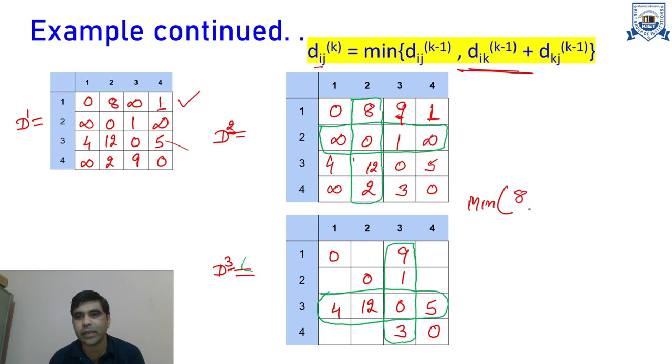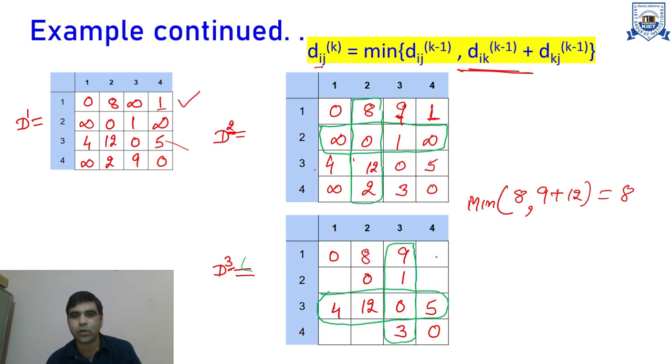So we'll have 8 here, comma, and then the indirect path between 1 to 2 using vertex 3. So you have to go from 1 to 3 first, which is 9. We have to go to 2, but we are now going to 2 using intermediate vertex 3. So we first go 1 to 3 and then 3 to 2. So 9 plus 12. What is the minimum of these two? It is 8. So this value does not change. It will remain 8. Okay.